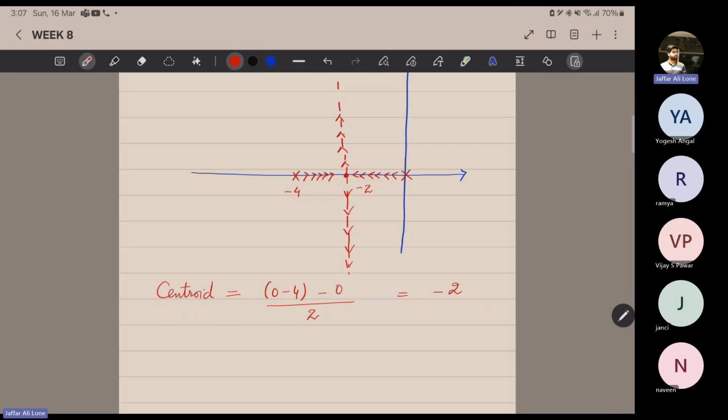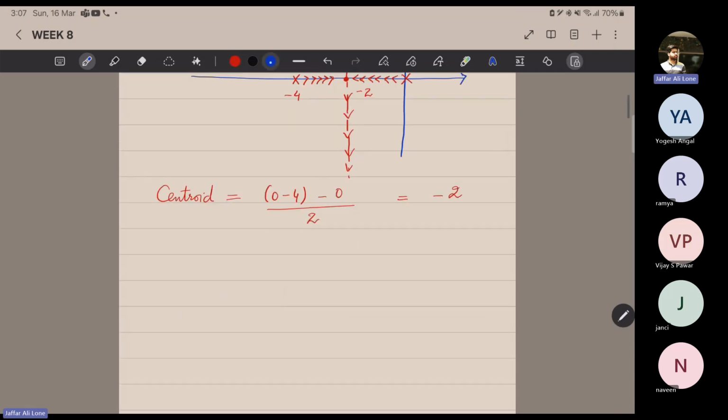Okay. Now we are done with the root locus. The other part is we have to find the value of K if the damping ratio is 0.707. So we are given zeta is 0.707, and we have to find the value of gain K.